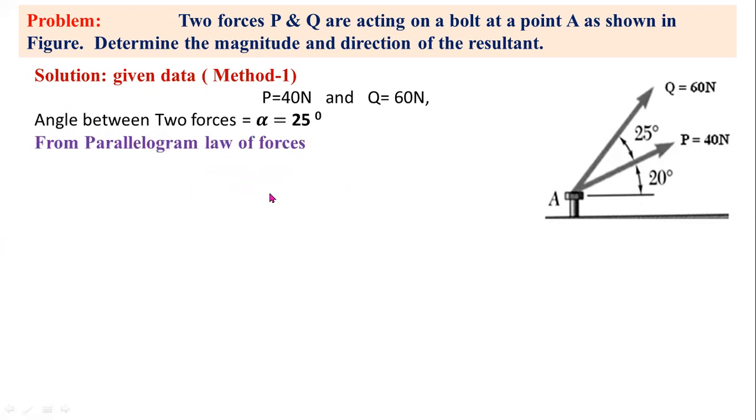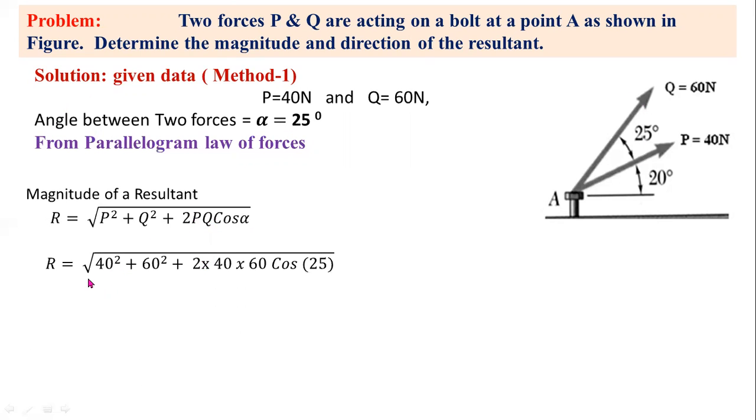Now, from the parallelogram law of forces, we already know the formula for the magnitude of the resultant, that is R equal to square root of P square plus Q square plus 2PQ cos alpha. Substitute the values of P, Q, and alpha in this equation and you can get the magnitude of the resultant.